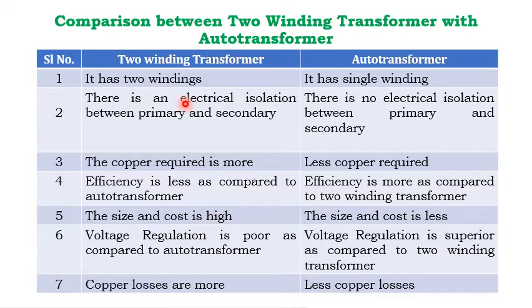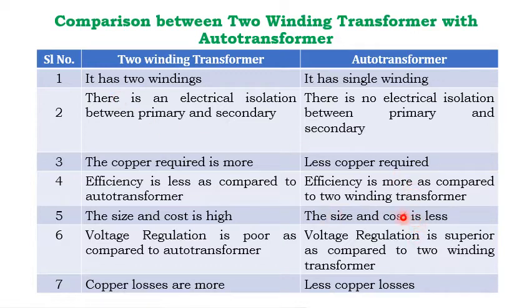Now in case of a two winding transformer, the size and cost are higher. The auto transformer size and cost are less. As far as size is concerned, because an auto transformer consists of a single winding and there is no electrical isolation between primary and secondary, the size of an auto transformer will be lesser.